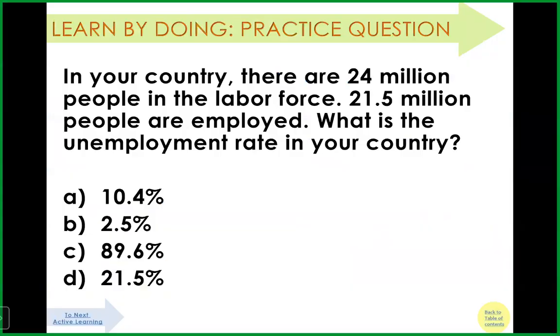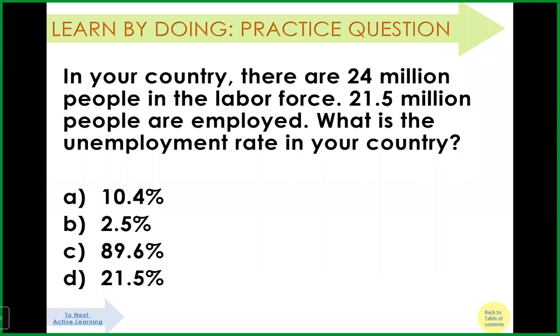Now let's look at a practice question. In your country, there are 24 million people in labor force, 21.5 are employed. What is the unemployment rate? First we need to find out the number of unemployed.